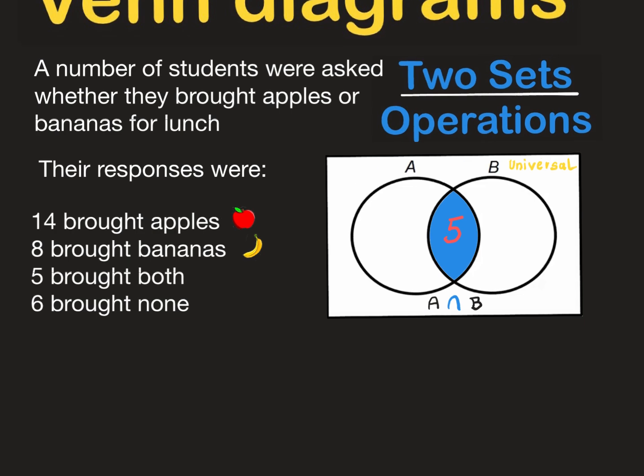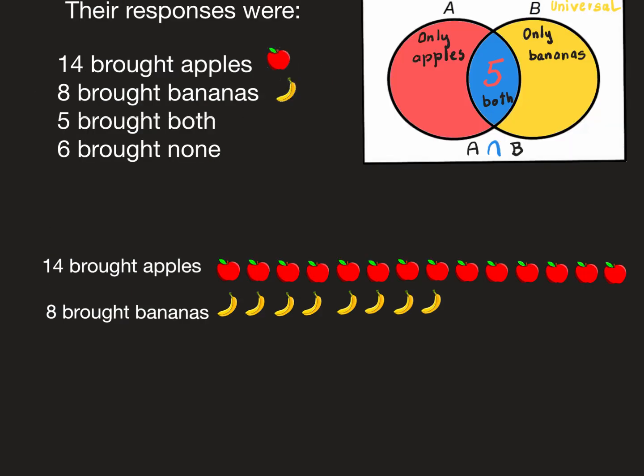Now, to determine how many brought only apples and how many brought only bananas, we have to do a little calculation. I've lined up the 14 apples and the 8 bananas so that you can visually see what's going to happen. So now we know that 5 brought both.